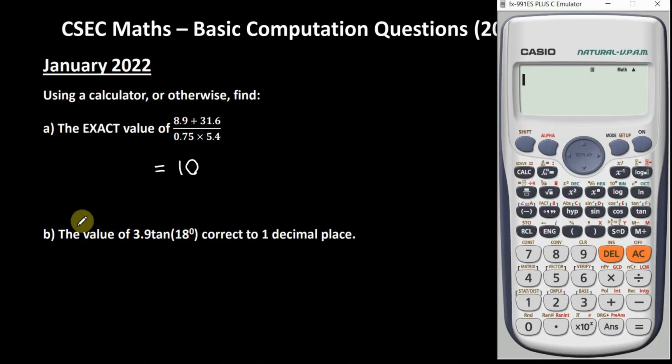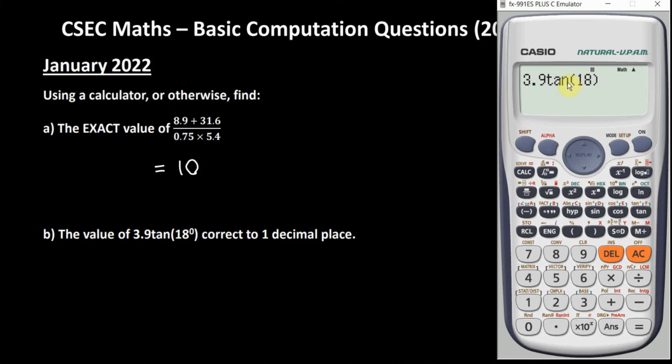Now in part B, they ask us to find the value of 3.9 tangent of 18 degrees correct to 1 decimal place. So it's 3.9 tangent 18 degrees, and again we don't have to represent, well, we're not going to represent the degree symbol here, right?